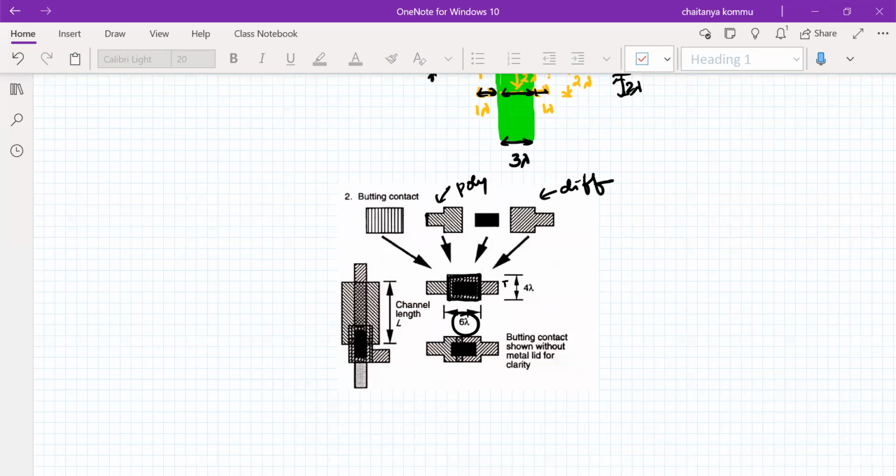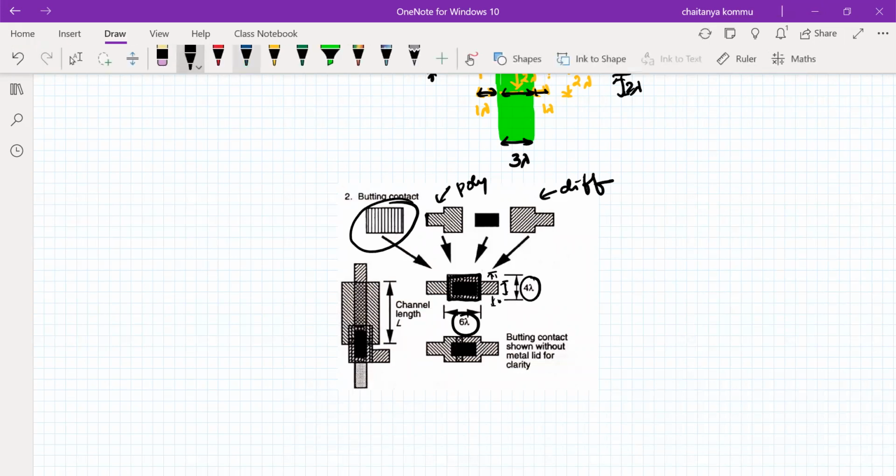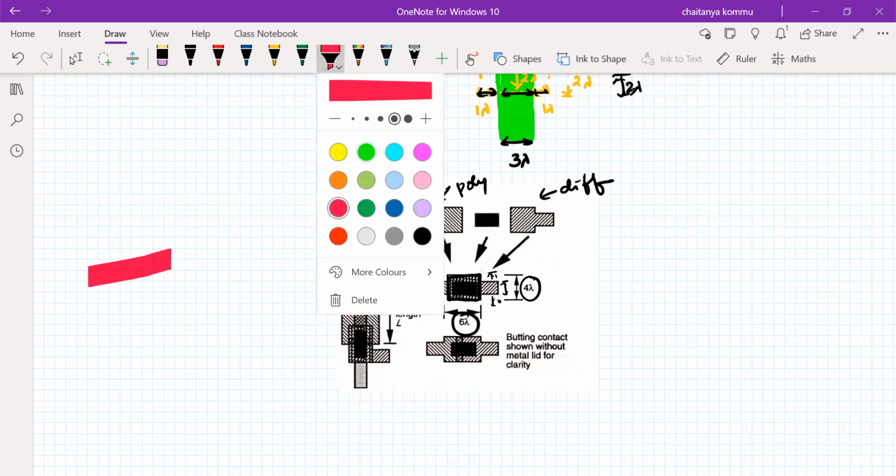That means minimum 2 lambda is maintained, upwards 1 lambda and bottom 1 lambda. Therefore, it's 4 lambda. So we have to take the metal contact. Here I have to consider the oxide. So we have polysilicon here, and the diffusion over here.